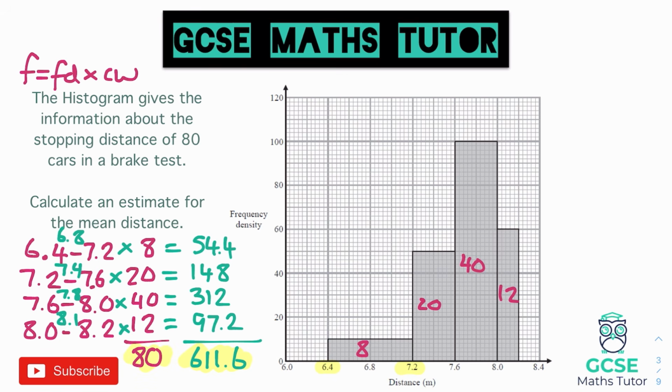So if we just write this to the side, 611.6 divided by 80, we'll type that in on the calculator, so dividing our answer by 80, and it gives us a final answer of 7.645, and that is our value for our estimated mean.